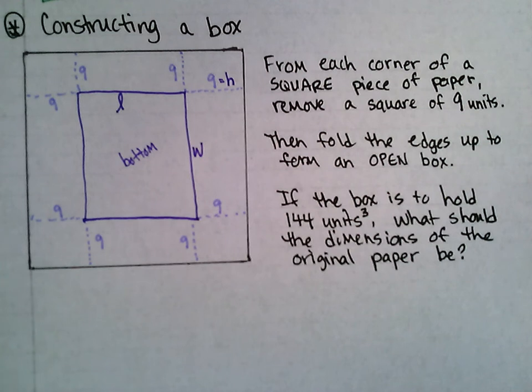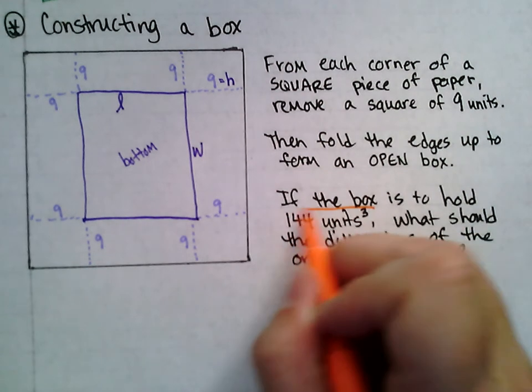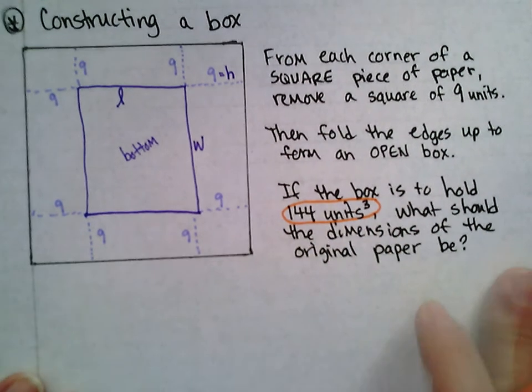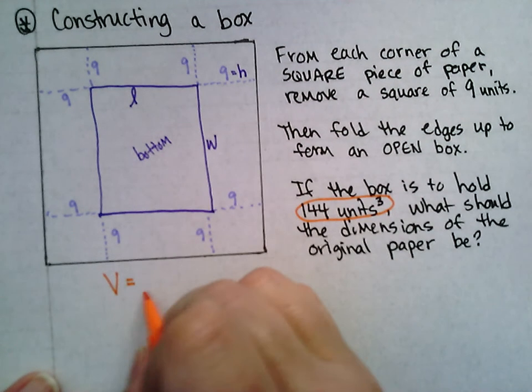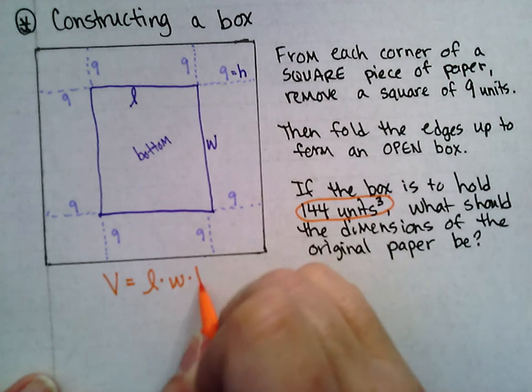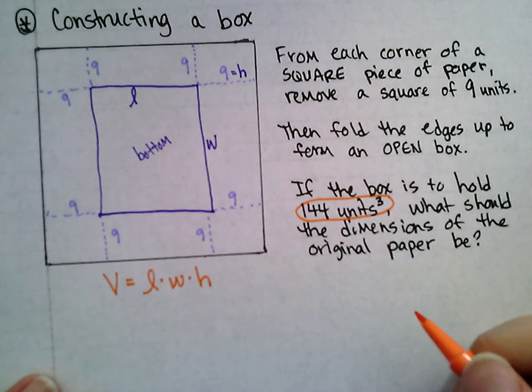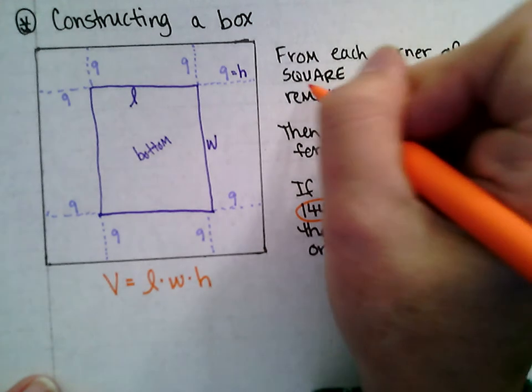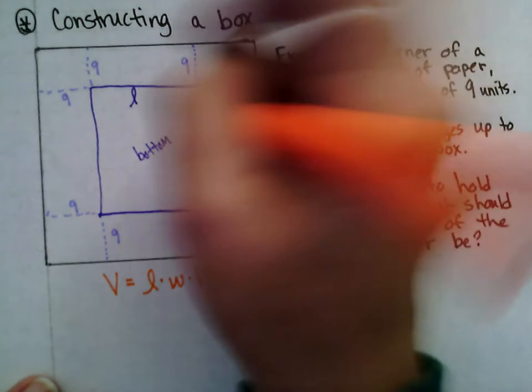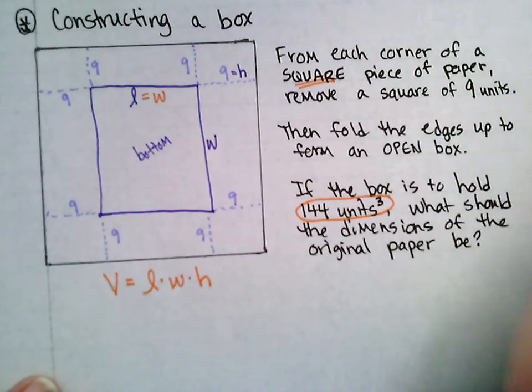Since they talked about cubic units in the problem, that's related to volume. Volume for a rectangular prism is length times width times height. But we just said that it is a square piece of paper, so length and width are going to be the same.